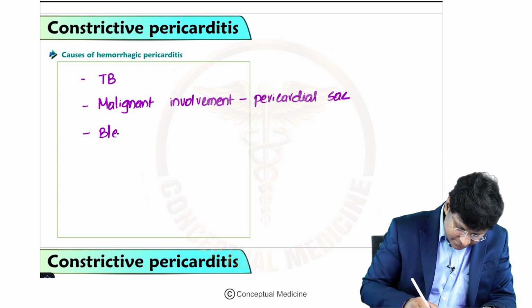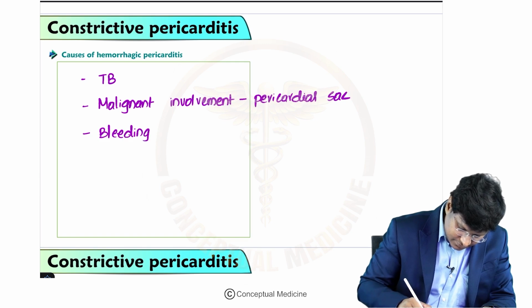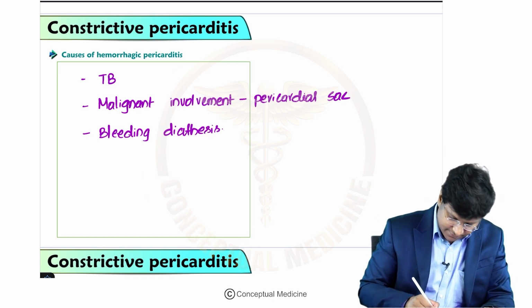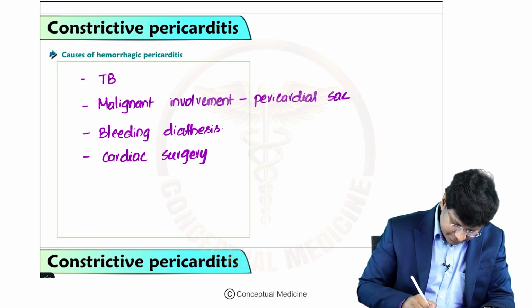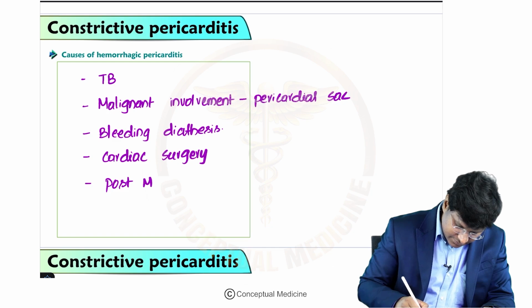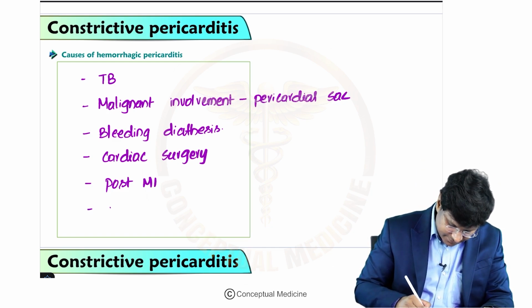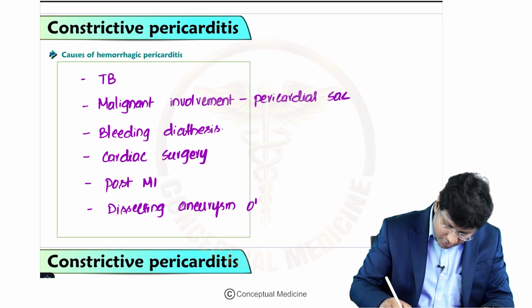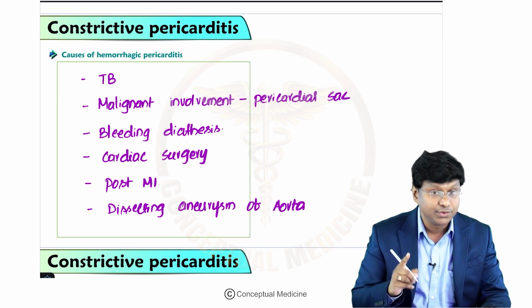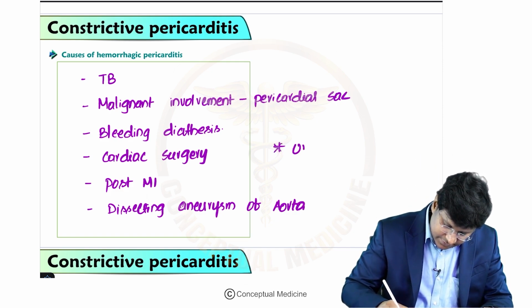Then bleeding diathesis, cardiac surgery, post myocardial infarction, dissecting aneurysm of aorta, then uremic pericarditis.